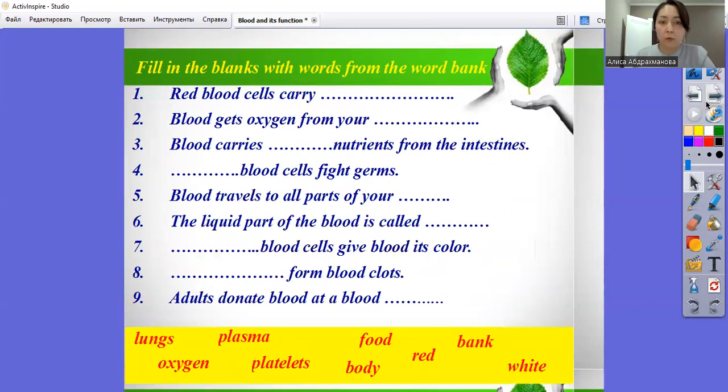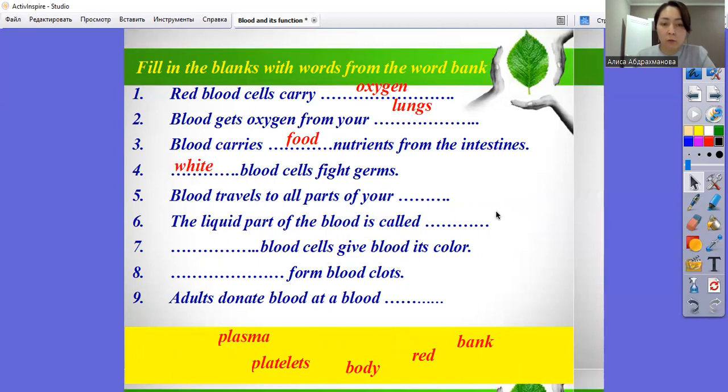Fill in the blanks with words from the word bank. Red blood cells carry oxygen. Blood gets oxygen from your lungs. Blood carries nutrients, food nutrients from the intestines. Fight germs, it's white blood cells. Микроорганизмдерді өлтіреді.